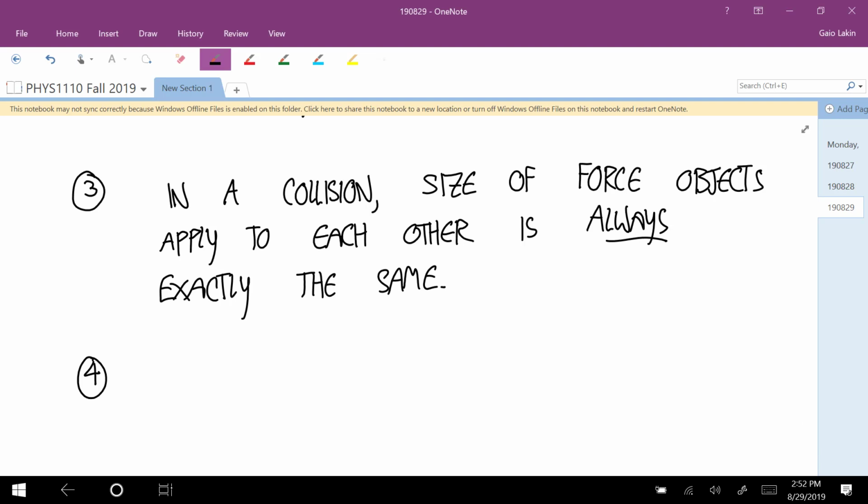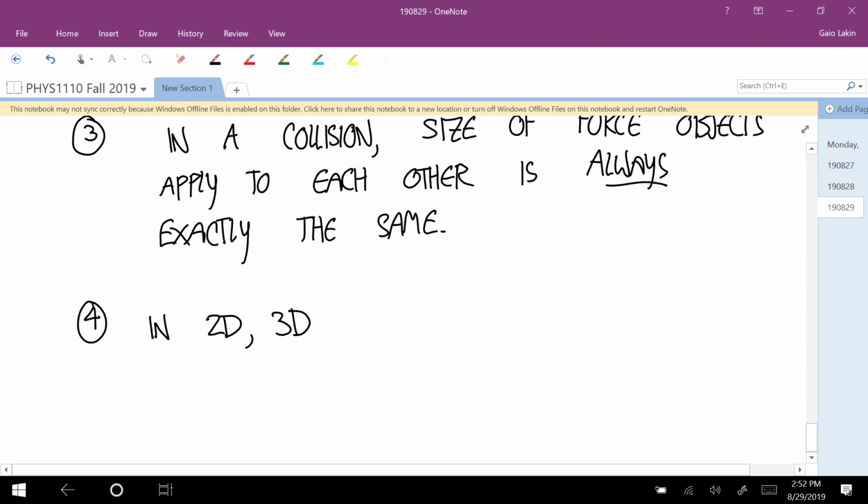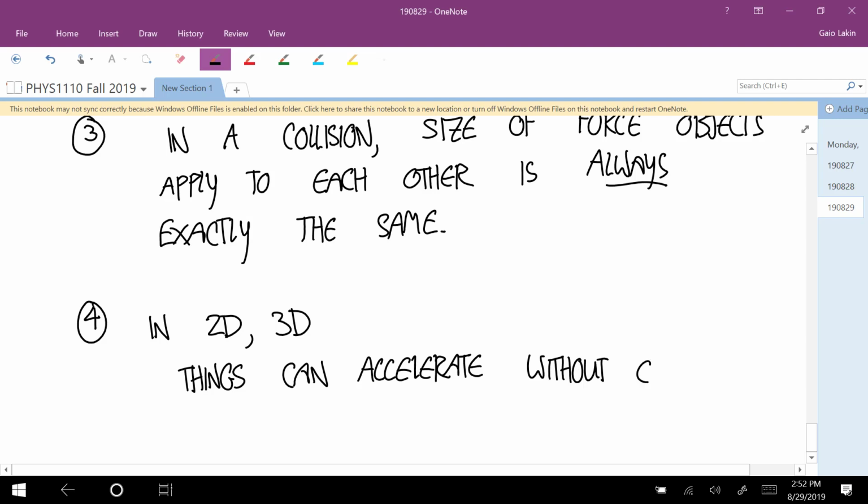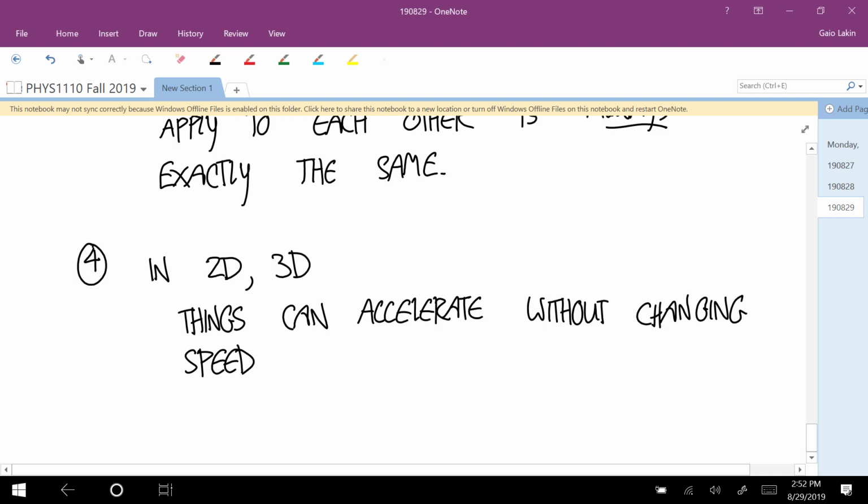In 2D and 3D, in 2 dimensions and 3 dimensions, things can accelerate without changing speed. And the reason for that is turning is also an acceleration.